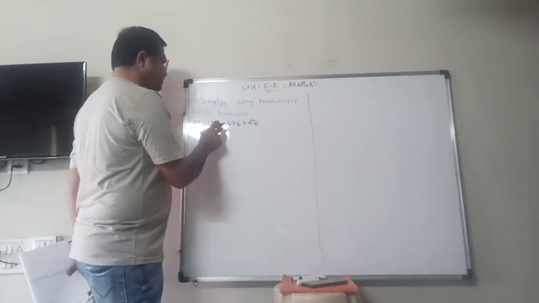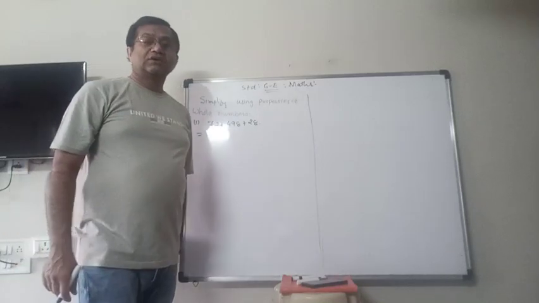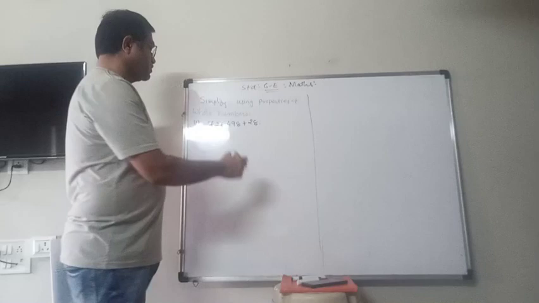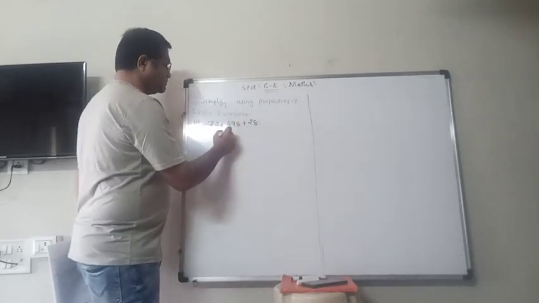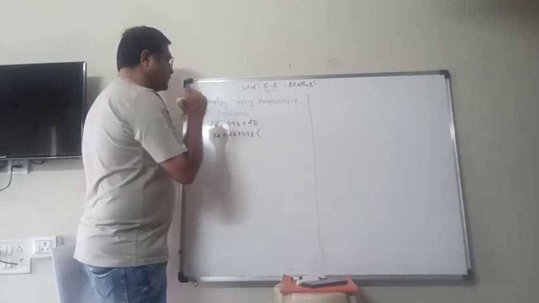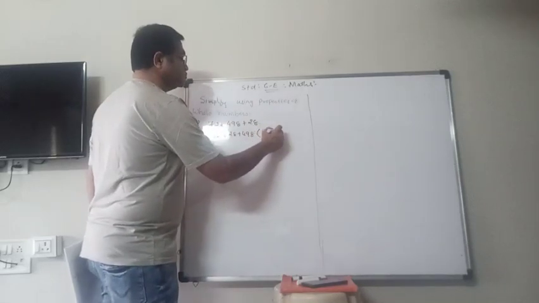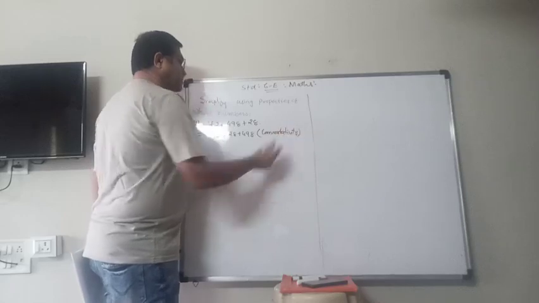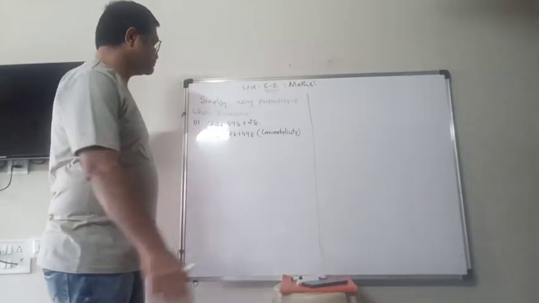Now here you can see that 72 plus 28 is easier to add because we get 100. So here first we will bring them together. So here we are using which property? Commutativity. Means in addition you can add the numbers in any order.